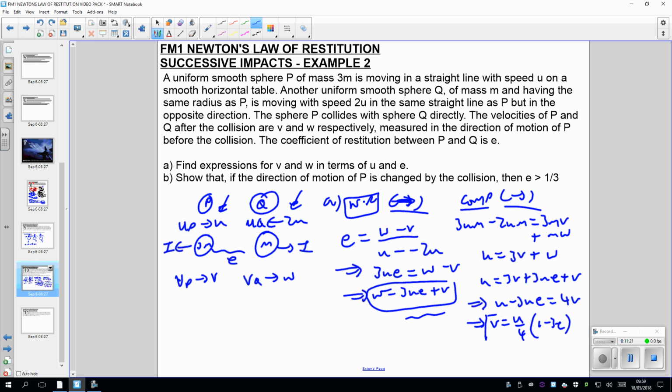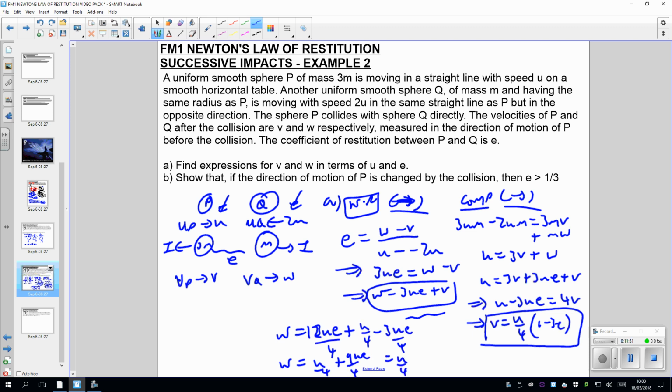So again, if you're not confident with that, just pause the video and do it yourself. Okay, cool. And also w then, we know, is 3ue plus that v. And that v was u over 4 minus 3ue over 4. So that's over 4, so that makes that 12. So w is u over 4 plus 9ue over 4.